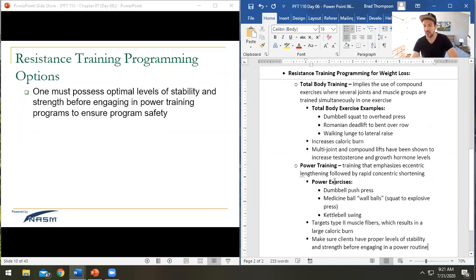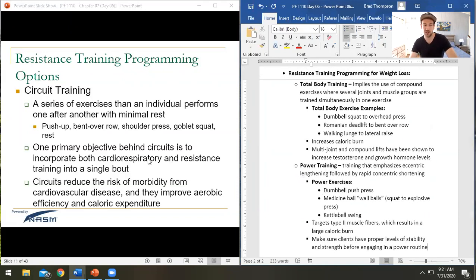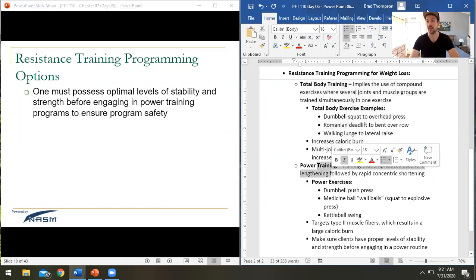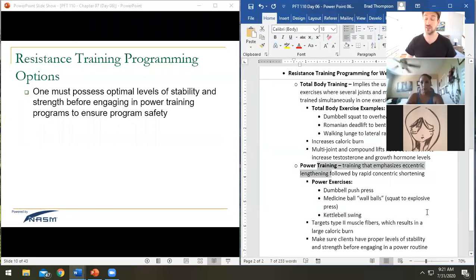So now if we were just to stop here, and we're going to keep going, there's more things to talk about because we can combine all of them. If we were just to look at these two principles here, we know that total body training is very effective, and we know that power training is effective. We can already start to visualize what phases of the OPT are going to be most effective for our client, right? I'm probably going to start my client in phase 1, stabilization, and I'm going to focus on total body exercises, right?